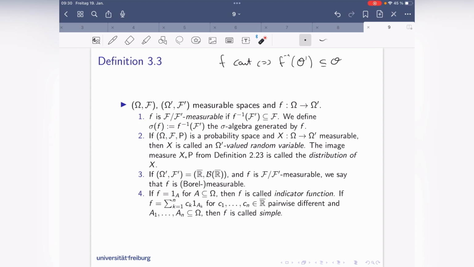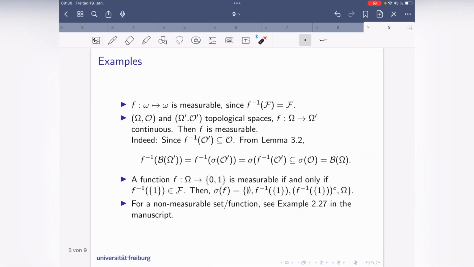Okay, some examples. First is very simple. The identity function is measurable because this here holds, and that's pretty clear. Then continuous functions are measurable. I already told you that the concepts of continuity and measurability are pretty similar.